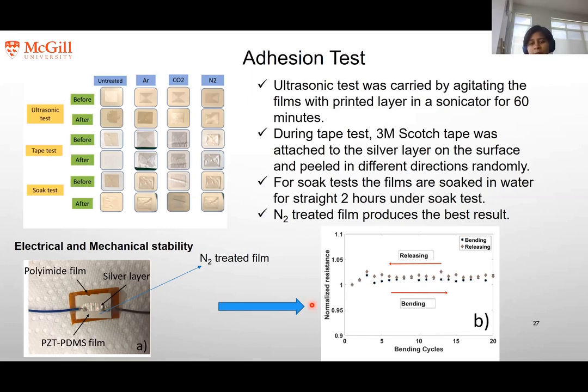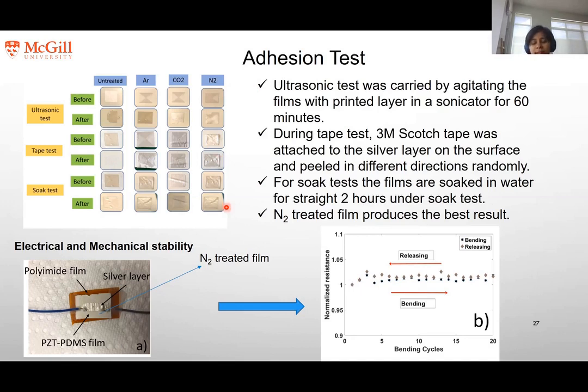You can see how the normalized resistance changed for different bending and releasing cycles. The normalized resistance, or the electrical property, didn't really change much, and didn't even change significantly for bending and releasing. So that means the film was also mechanically very stable, which we can see in this test.